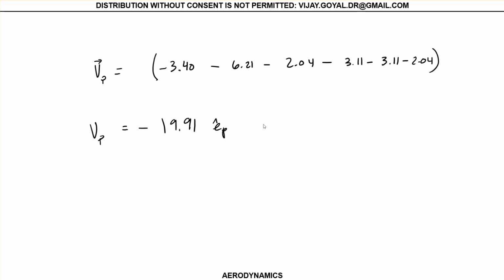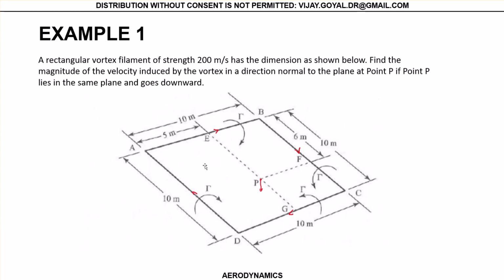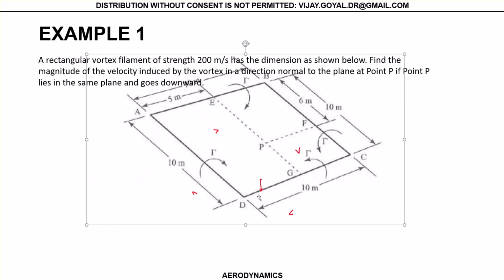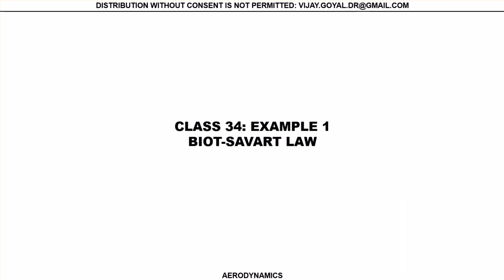The total velocity then in meters per second squared is given by this. That is the velocity at point P due to all the vortices acting on the surfaces right here. So this concludes example number 1.